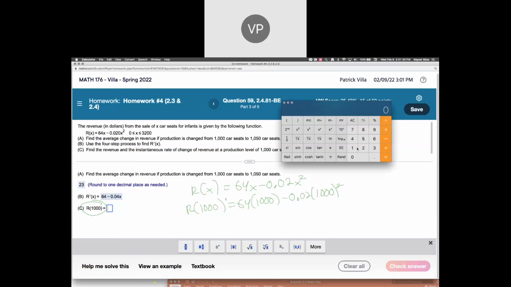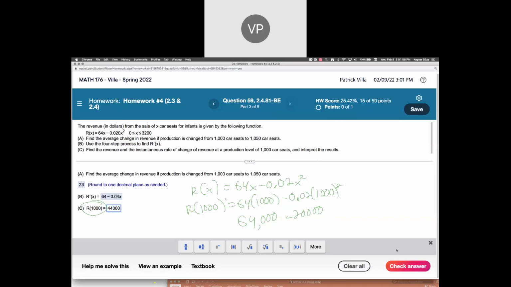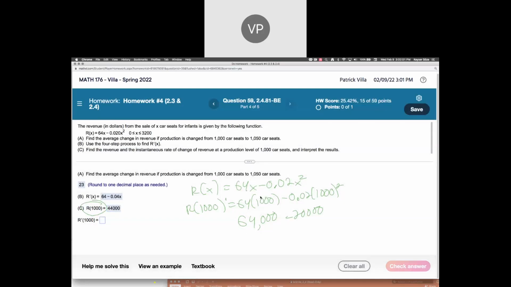So we have 64,000 as my first piece. We have 1,000 squared times the 0.02, and that's a negative 20,000. So that was my 44,000. And hopefully, there we go.